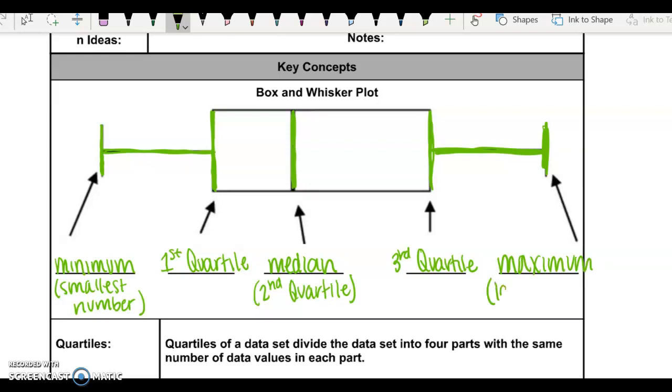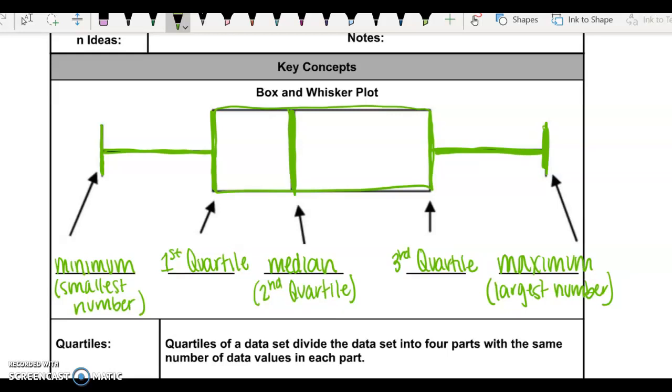This would be our largest number in our data set. So we have our minimum, which is the edge of our whisker, our maximum, which is the edge of our whisker, and then our first quartile and third quartile make up the outside edges of our box, and then our median is our middle number, and this is represented by a line somewhere within our box.